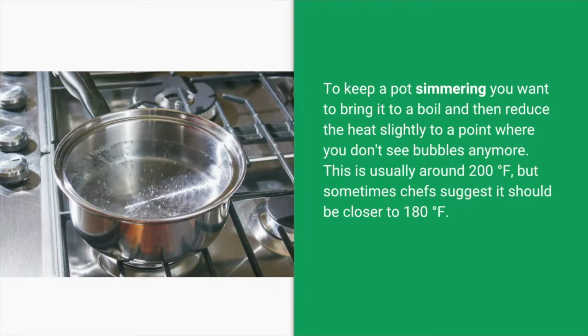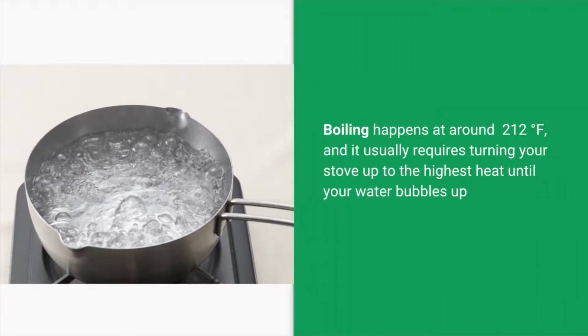The water should be around 200 degrees, but you don't want to let it get to 212 degrees. You'll know when it's at that temperature because then you'll be boiling. And boiling water is when you turn the heat up to the highest possible until bubbles start to form in the water.